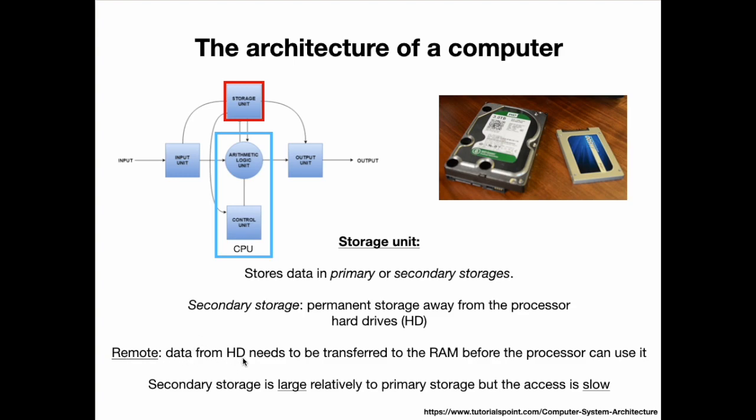The data from the hard drive needs to be transferred to the RAM before the processor can use it. The secondary storage is usually very large. You can store a lot of data on computers nowadays. With regard to the size of the primary storage, it's much bigger. But access to the memory stored on the hard drive is typically much slower than accessing data stored on the primary storage.